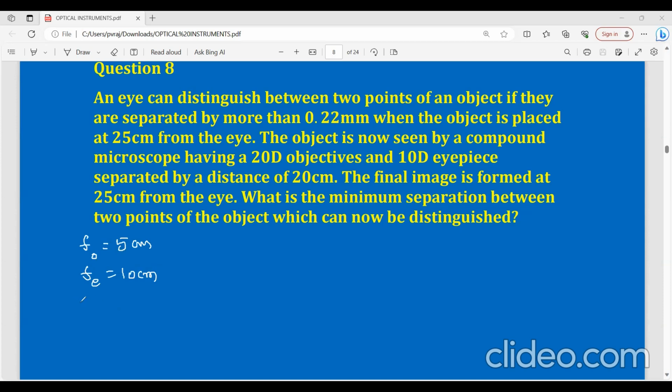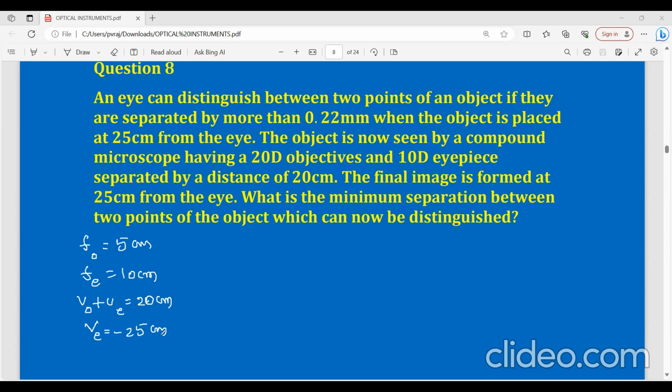And separation between them, that means V objective plus U eyepiece, is equal to the given 20 centimeters. And the final image is formed at 25 centimeters only. That means the image due to the eyepiece is formed at minus 25 centimeters.